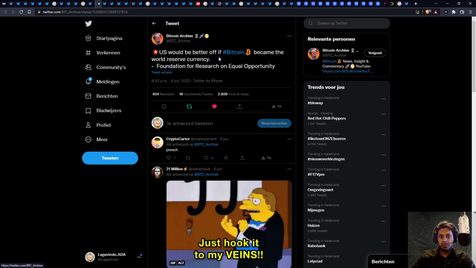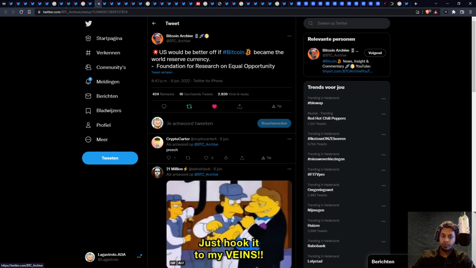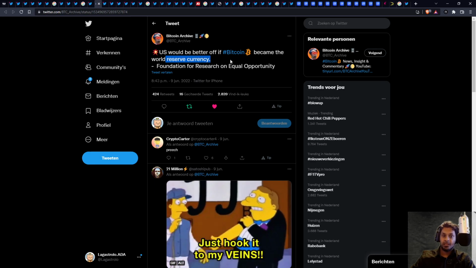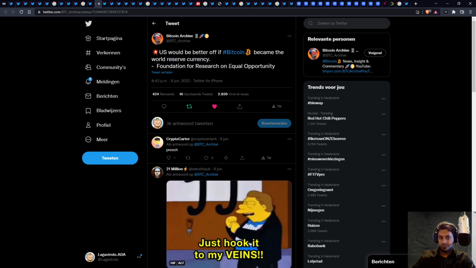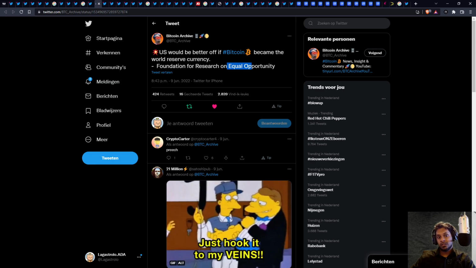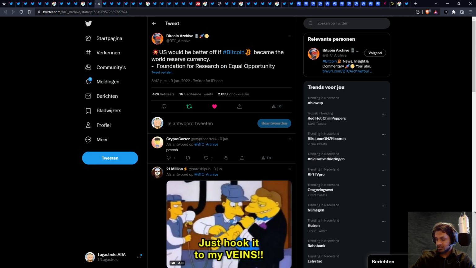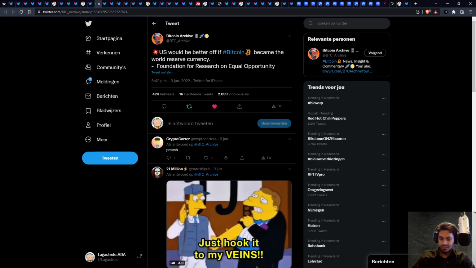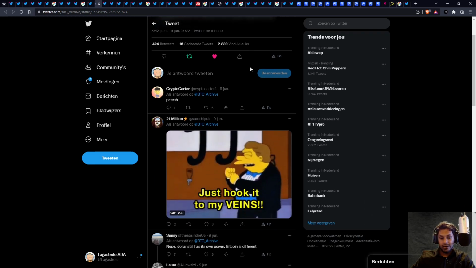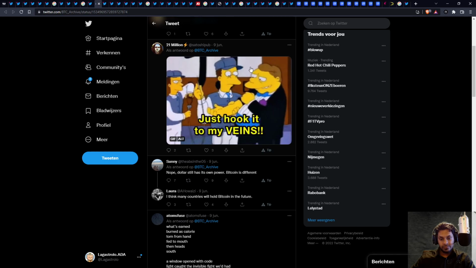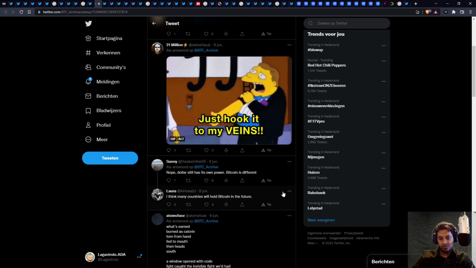Let's see. The United States would be better off if Bitcoin became the world reserve currency. This is done by a foundation for research on equal opportunity. So hopefully Bitcoin is going to be a world reserve currency because it's limited, it's scarce, and there's no centralized organization controlling it. I think many countries will hold Bitcoin in the future.